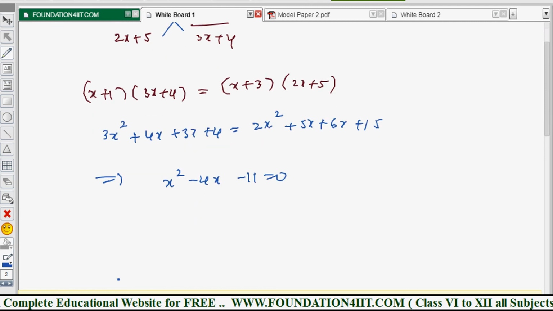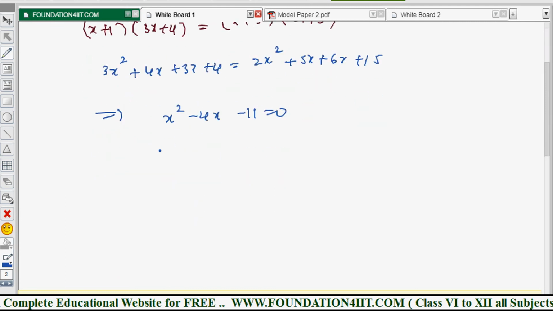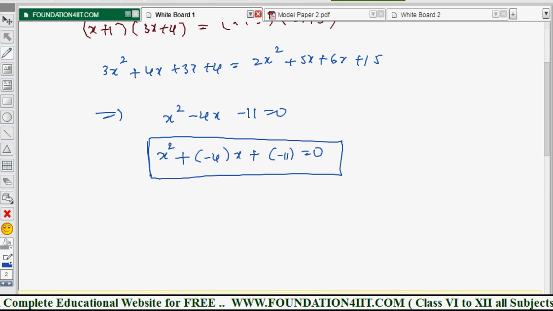Now using this quadratic equation, we can write x² + (-4)x + (-11) = 0, because we need to use the quadratic formula for this. So here a, b, c values: the x² coefficient is a, so a = 1, b = -4 and c = -11.